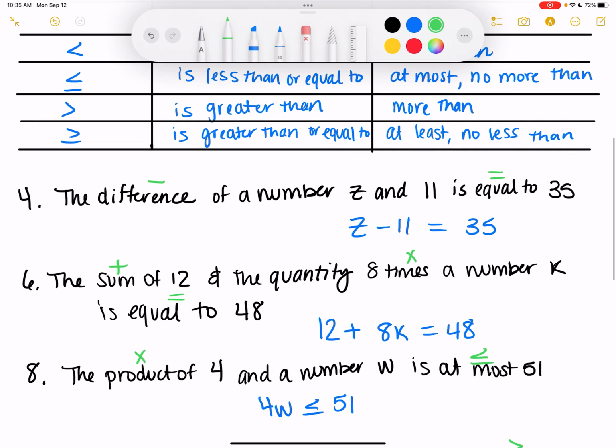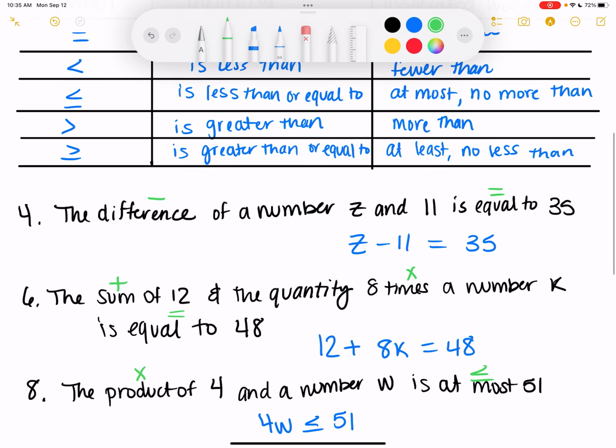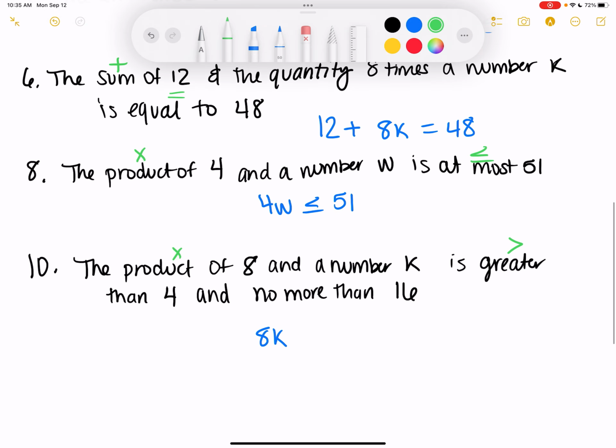Less than or equal to. Yep. So that means that 8k is bigger than 4, but it's less than or equal to 16.